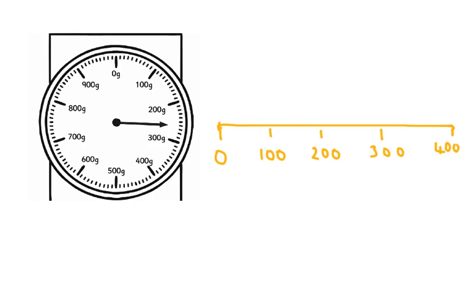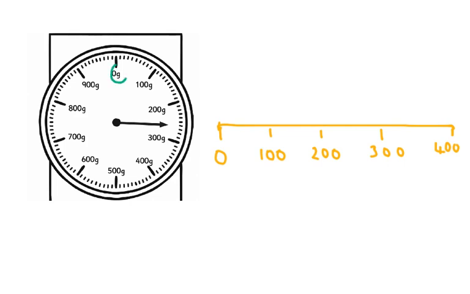So what we need to do is work out the value between 200 and 100. How many smaller lines are there? Remove that again so we can see the scale clearly. So count the small dots for me.